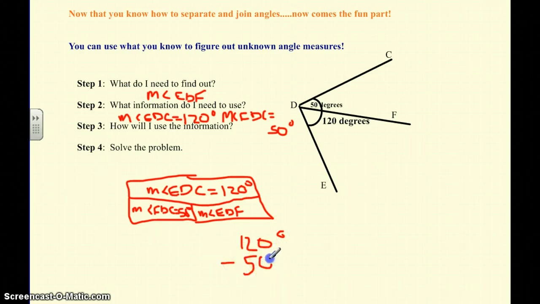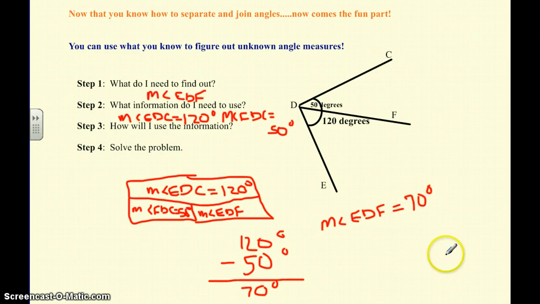And you can do this totally in your head because you know what 12 minus 5 is. 12 minus 5 is 7. And then add the 0 from the tens rule and you get 70 degrees. So you can say the measure of angle EDF is equal to 70 degrees. Okay?